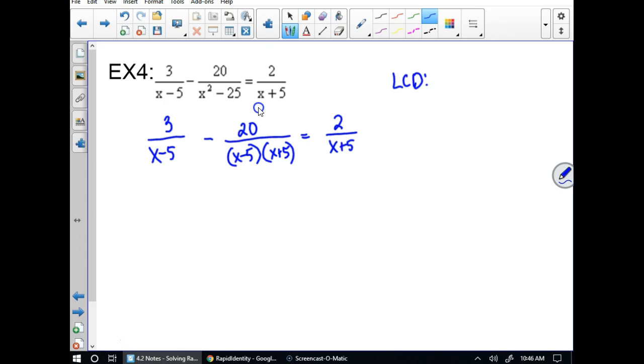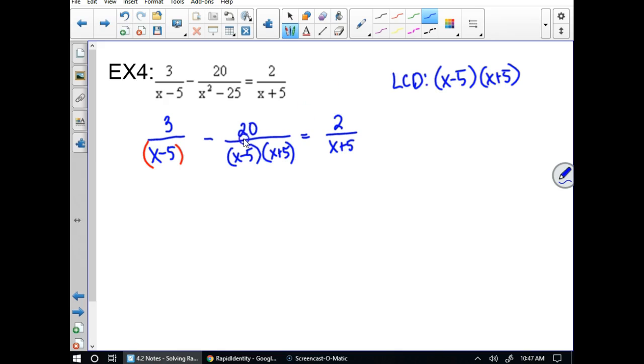So if I have this, the least common denominator, we can just take all of the denominators and multiply them together, but if you already have used that part of the denominator, you don't have to use it again. So for example here, like if I have x minus 5 times x plus 5, which is this denominator right here, I don't have to add another x minus 5 or another x plus 5 because those are already here.